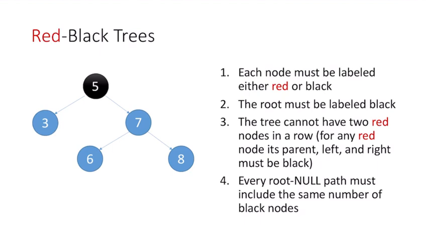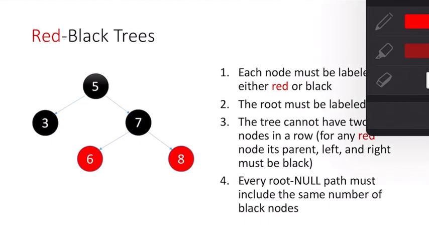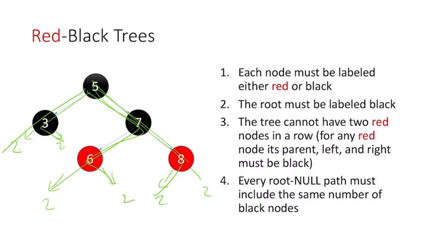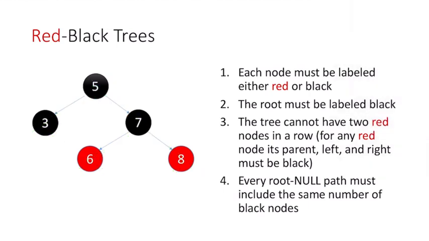We can color the root to be a black node, and we can color the 3 and the 7 to be a black node so that we have two black nodes on this root to null path, 2 on this one, and then 2 here, here, here, and here. So that's going through here, through there. Every root to null path has 2 black nodes on it now.